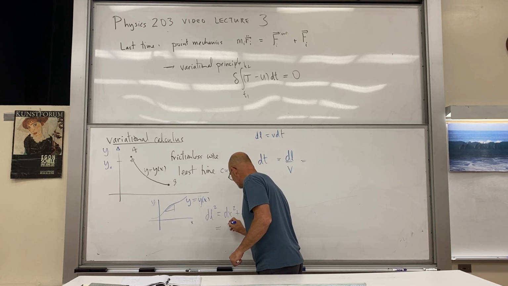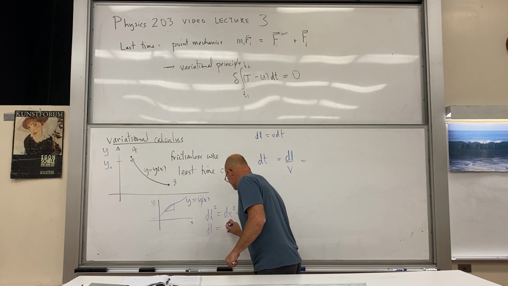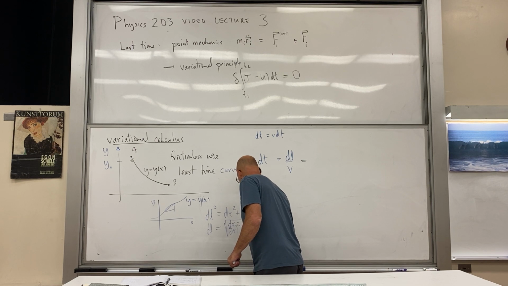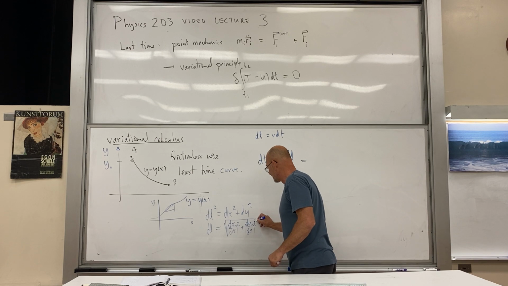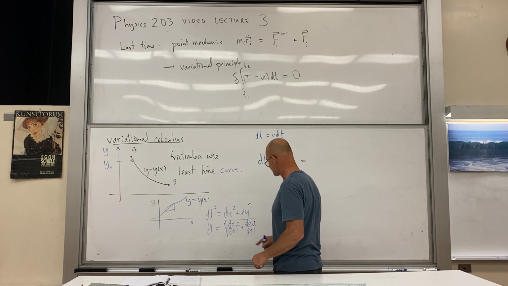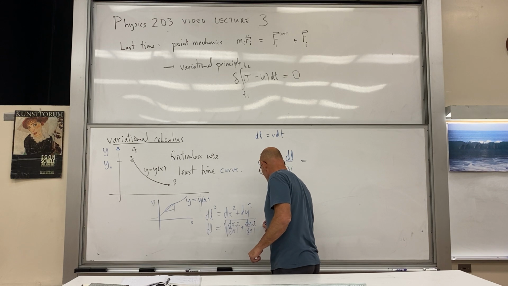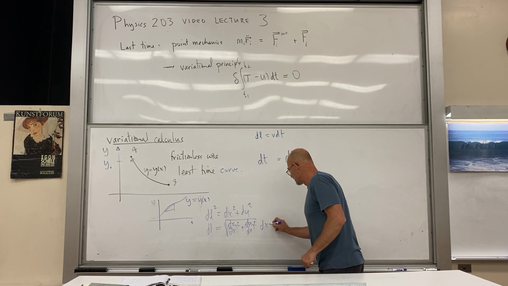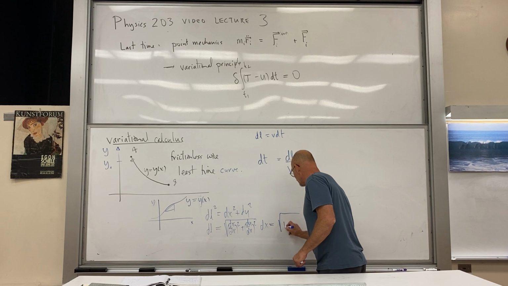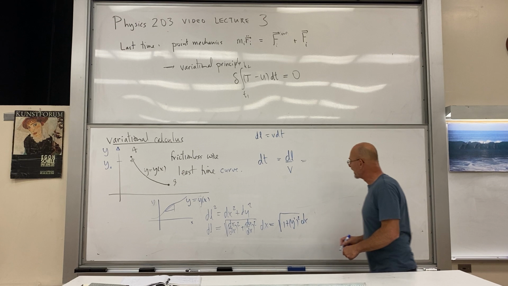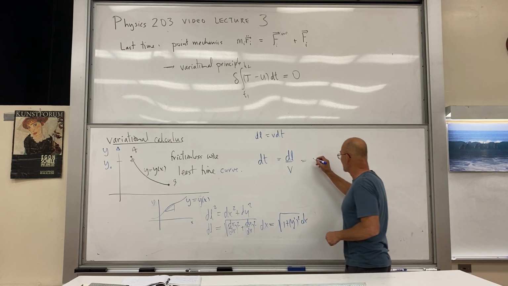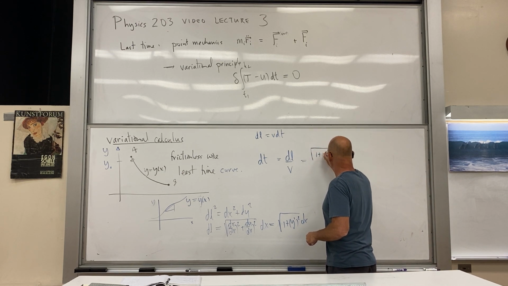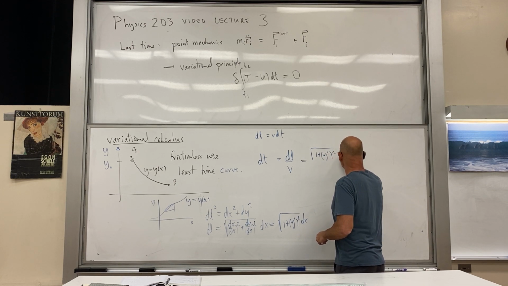And this is the construction dl, dx over dx squared plus dy over dx squared. And then, since we divided by dx, we're going to multiply by dx. Okay. So that is root 1 plus y prime squared dx. So that's our length element. So we have root 1 plus y prime squared dx.